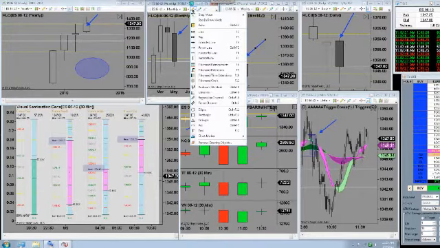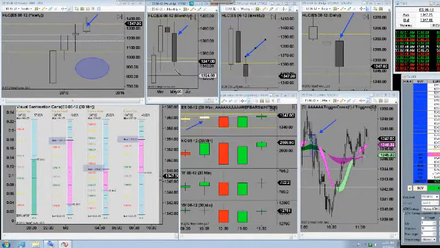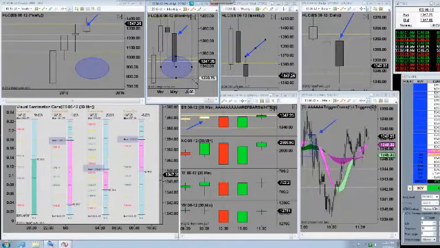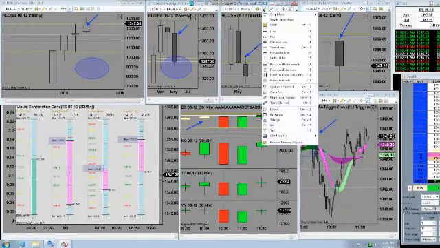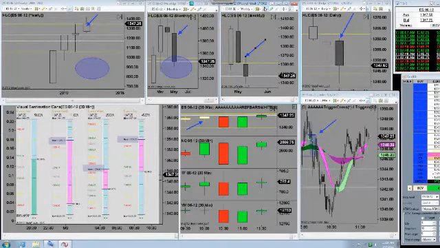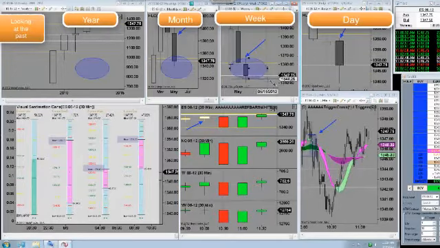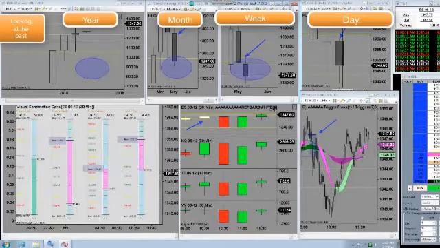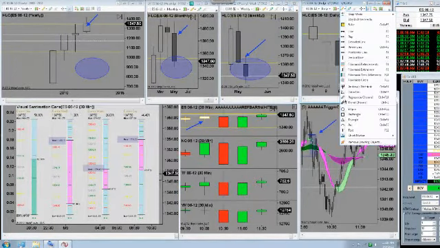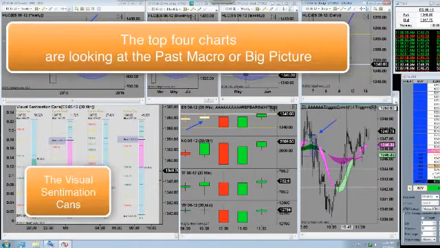Everywhere where I'm drawing a blue circle, and it has nothing to do with referring a specific point on the chart, I'm just drawing it so you can understand what I'm trying to refer to, is known as the macro picture, the big picture in the market.